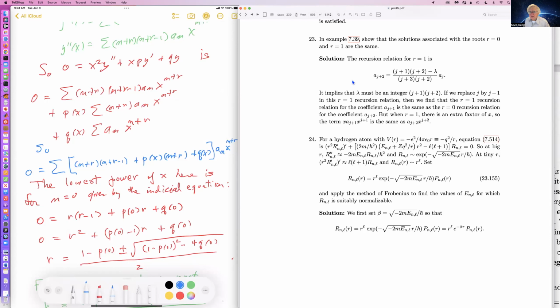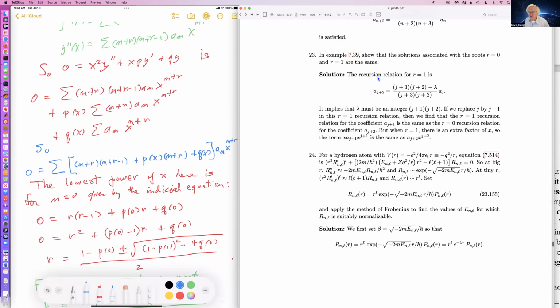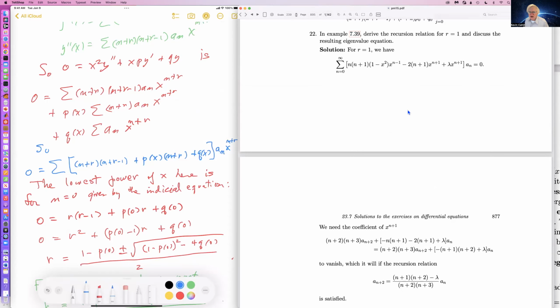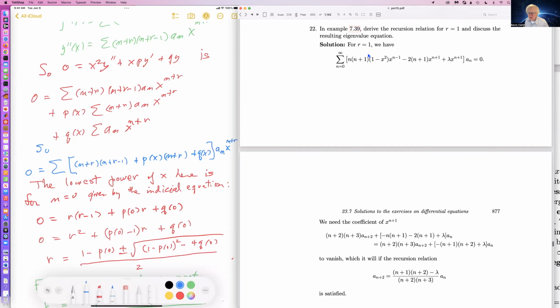And so if we look at the recursion relation, in fact, this is the recursion relation, but now we go, oh wait, where's r? What did I say? Oh, I said r equal to 1. So what we have to do is go through this, but we set r equal to 0.